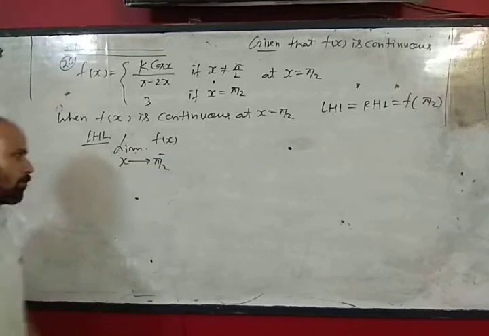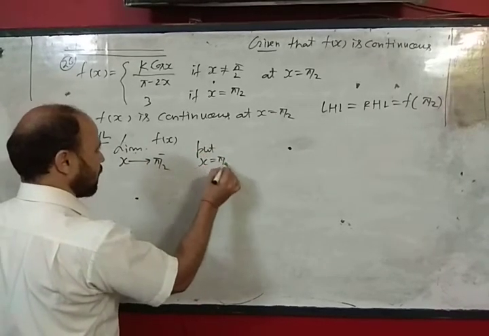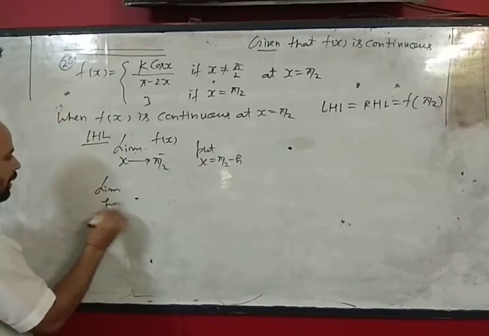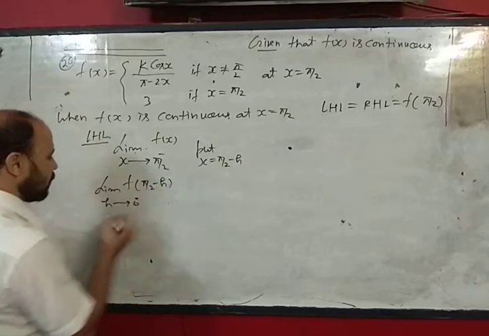Second step, put x is equal to pi by 2 minus h, and the new limit is h tends to 0 f(pi by 2 minus h).